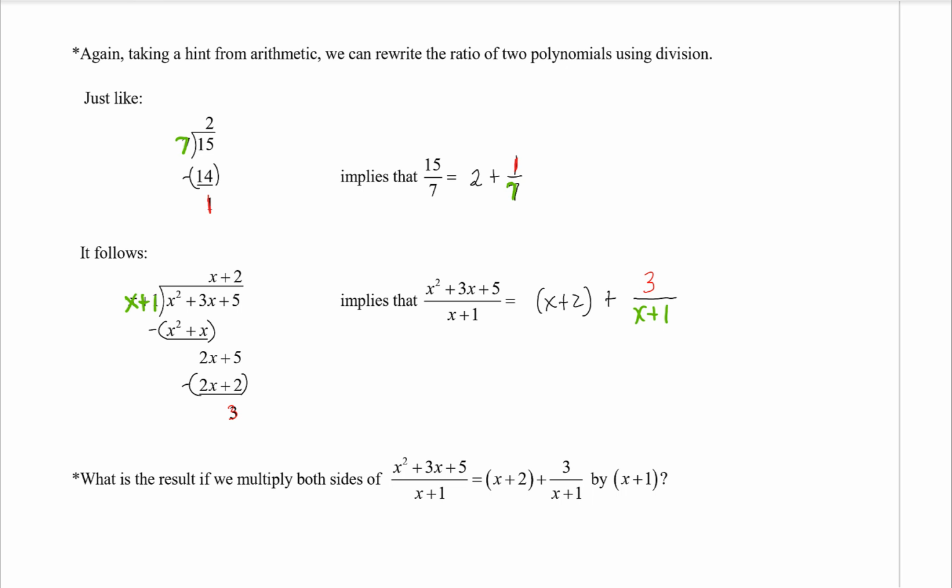So again, if you want to call it mixed number form, go for it. I don't really care what you call it. But I can take this improper rational function and write it as x plus 2, which was the quotient, plus the remainder over the divisor. So this is the quotient. This is the remainder.